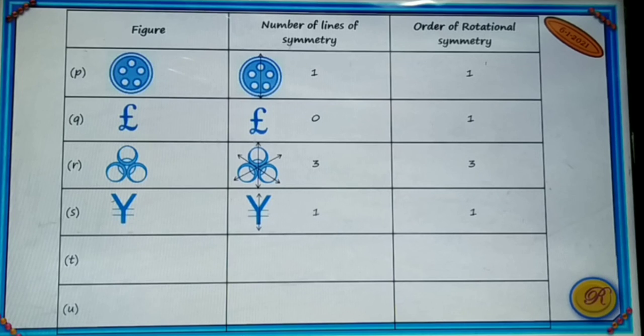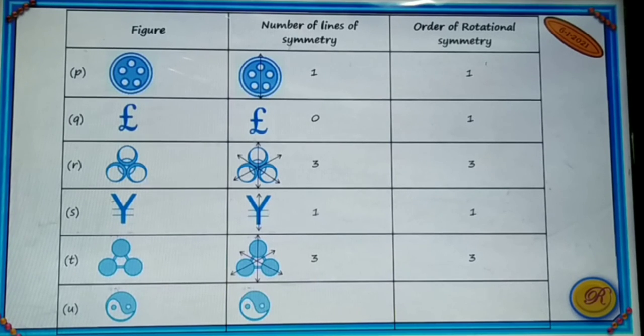For figure T, number of lines of symmetry 3. Order of rotational symmetry 3. For figure U, number of lines of symmetry 0. Order of rotational symmetry 1.